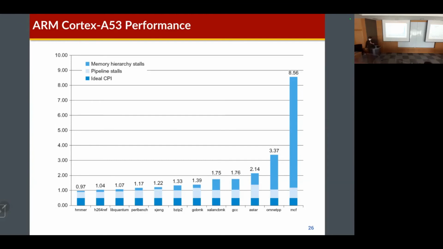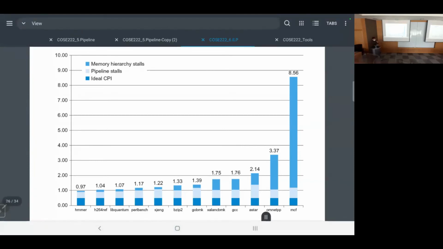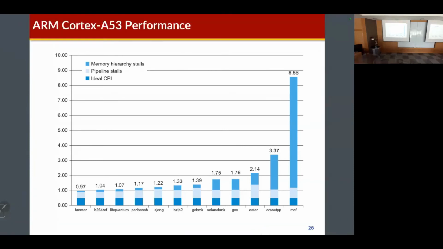Why? Why is performance degraded compared to the ideal performance? Because of pipeline stalls, right?